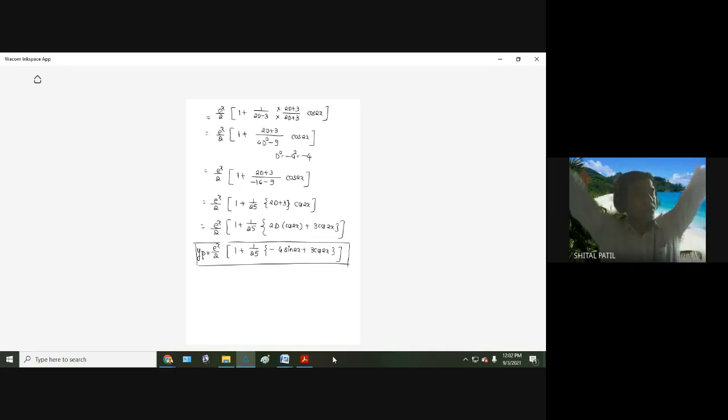Getting everyone? Are you getting all these things very well? Please go through the examples given in the question set. First, complete the example.